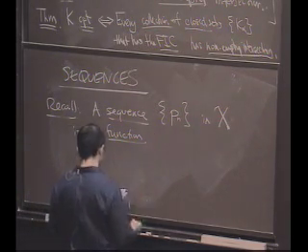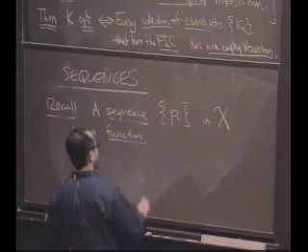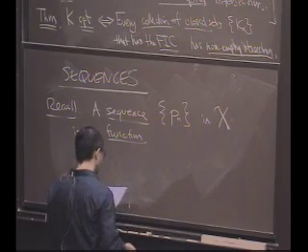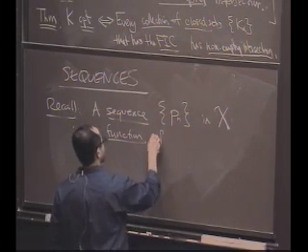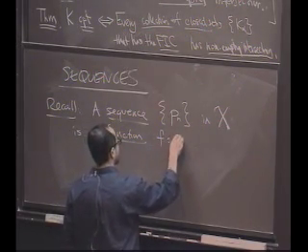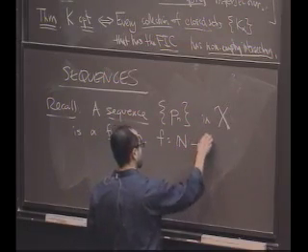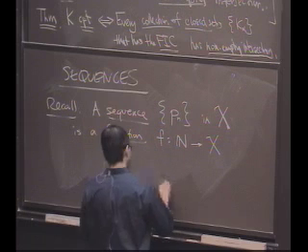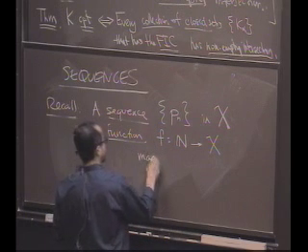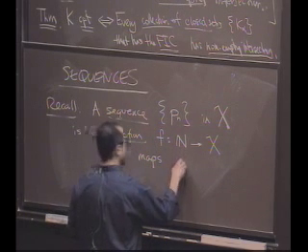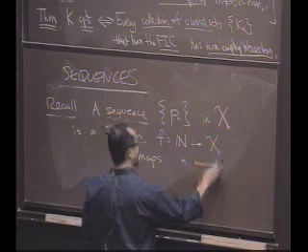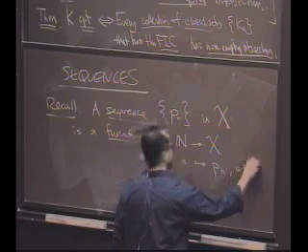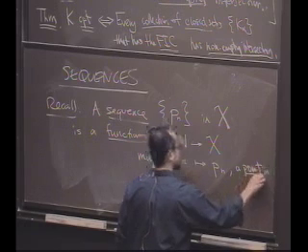So it's a function. Well, what does the function do? Well, the function actually takes a natural number to the nth point, right? So you can think of it as a function that goes from the natural numbers to some point in X, so the metric space X, and it maps some point, little n, to the point P sub n, a point in X. Okay, so that's what a sequence is.